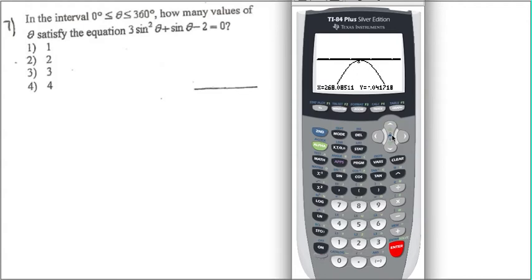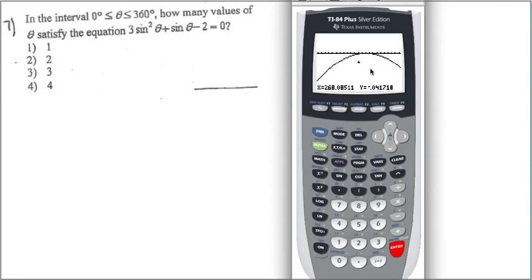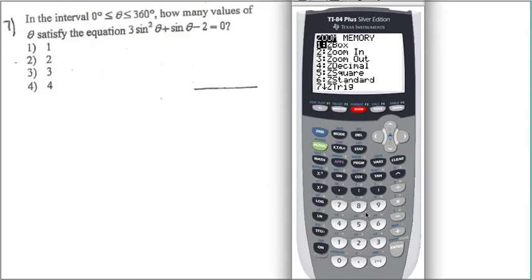This one seems to be a little bit closer, so let's zoom in a bit more over here. Let's zoom in once again. It seems like there's one place where the graph is touching. So therefore, we'll be looking at 3 as our answer.